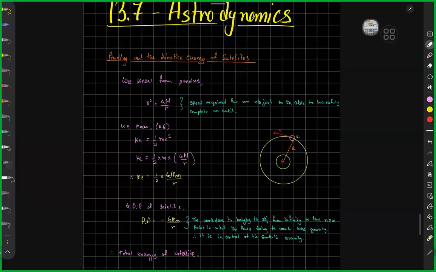Okay, so what is that? Let's first find out the kinetic energy of our satellite. What is kinetic energy? Kinetic energy is simply the energy due to its velocity. Basically, if my velocity is known to me, I can find out using half mv squared what the KE of my satellite is. Fair enough.